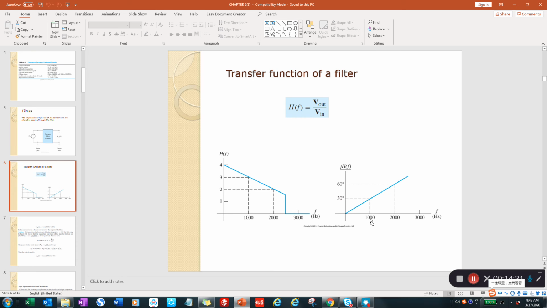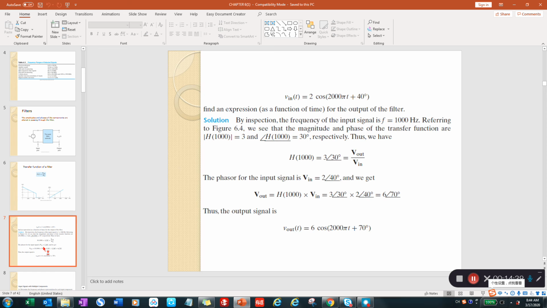For the 1000 frequency, the phase angle will be 30 degrees. Then we know that the transfer function can be written as 3∠30. So here you can see this representation: at frequency equal to 1000, the transfer function equals 3∠30 degrees.